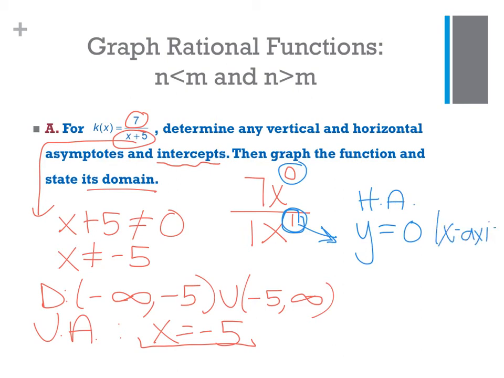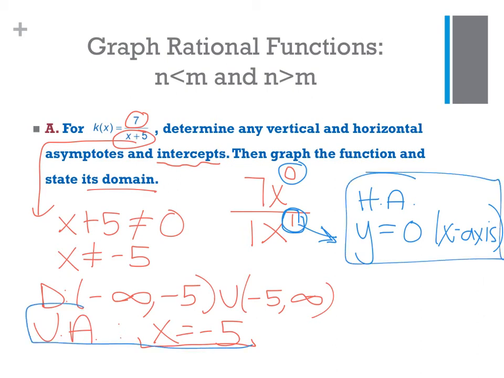So we already know that when we graph this function, the graph is going to level out at the ends, and it's going to approach the x-axis as x approaches infinity and as x approaches negative infinity. So we have our horizontal asymptote, and we have where our vertical asymptote is.